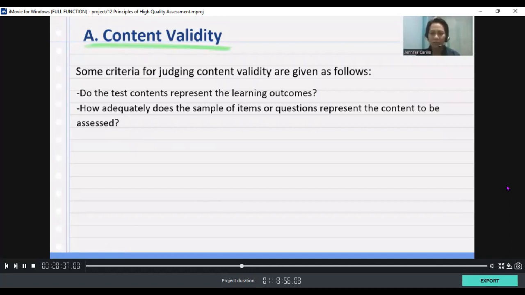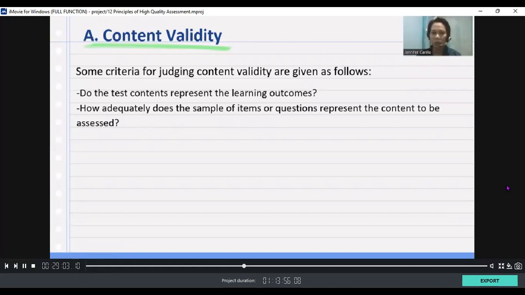So even sa math gani, dapat naapil siya remembering, understanding, applying, and creating. So we need to make sure na your test is not too long and not too short. It should be enough or adequate. So dili pwede nga daghan sa chapter 1, gamay sa chapter 3, di pwede daghan sa chapter 3, gamay sa chapter 1. Okay? So it should be adequate.